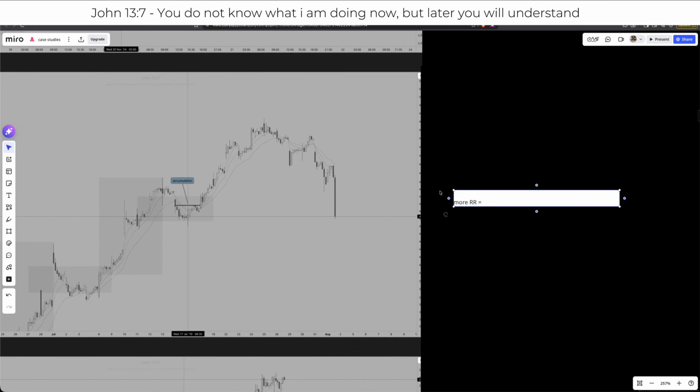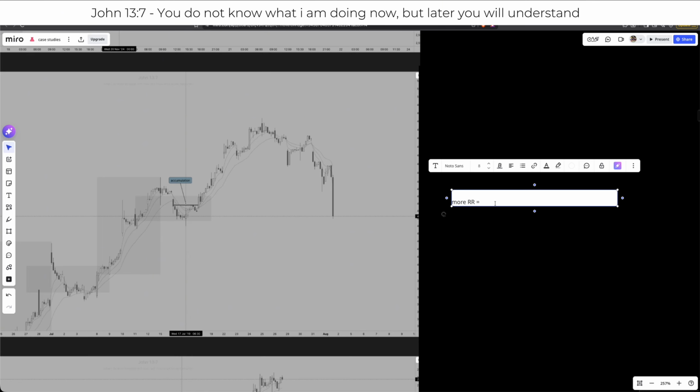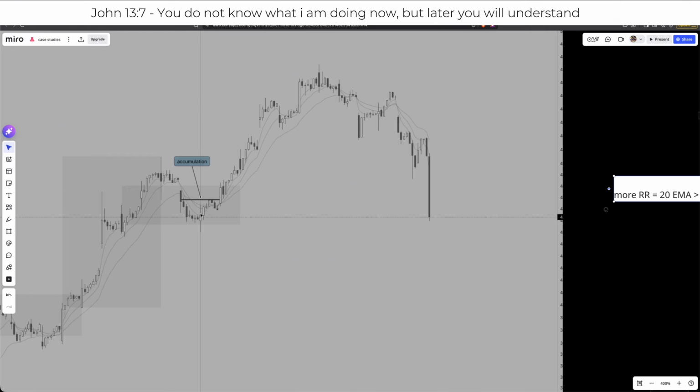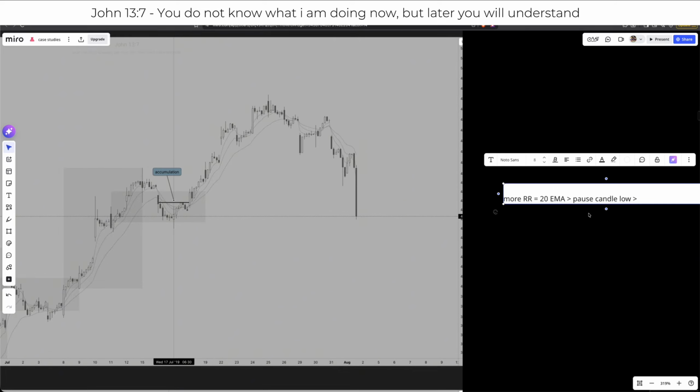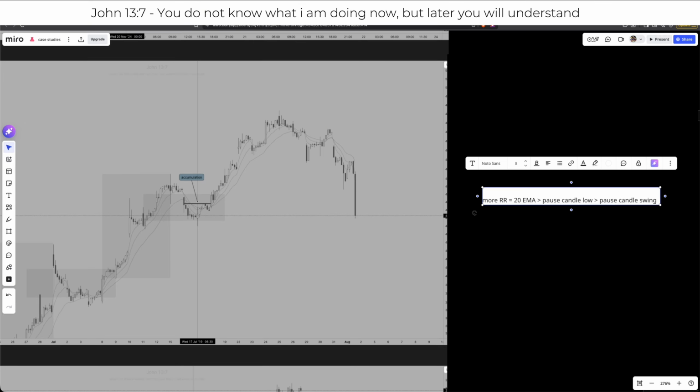No, it's the 20 EMA. So the 20 EMA, the pause candle low, and then you have some momentum candles. Pause candle swing. Swing.